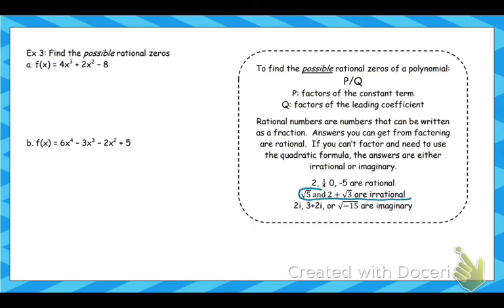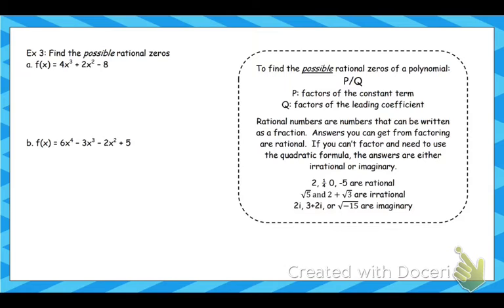And those are a lot of those numbers that you get from quadratic formula. The square root of 5, 2 plus the square root of 3. Those are examples of irrational numbers. If you were to find them on a graph, they'd be really ugly decimals that you can't find a nice fraction for. Now, the other options are imaginary numbers. Those are the ones we just saw, and those are whenever you have the i or the square root of a negative.